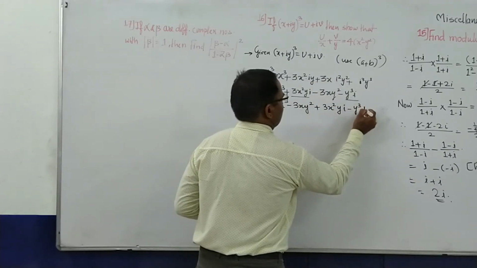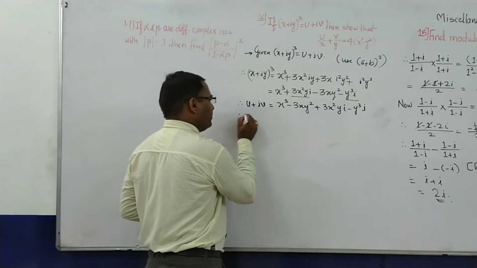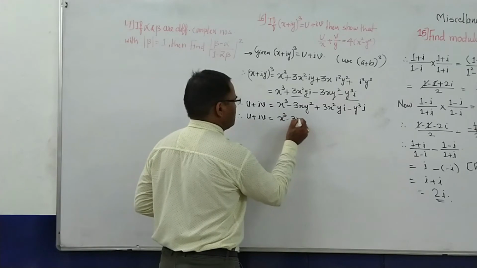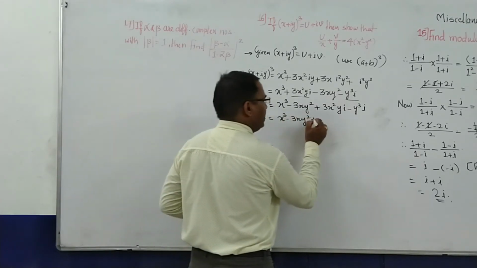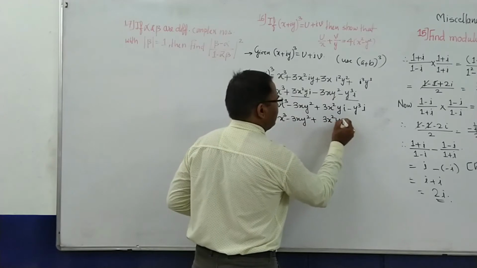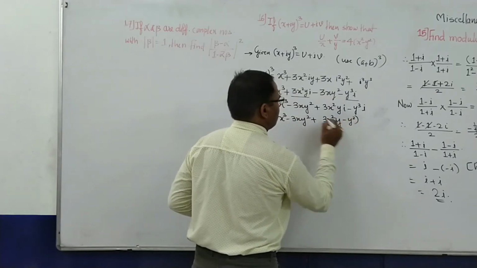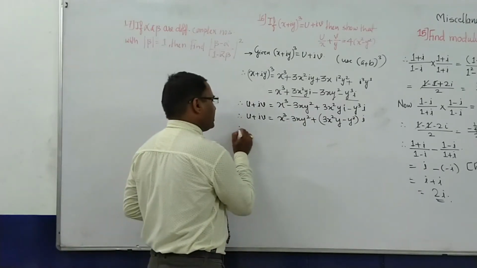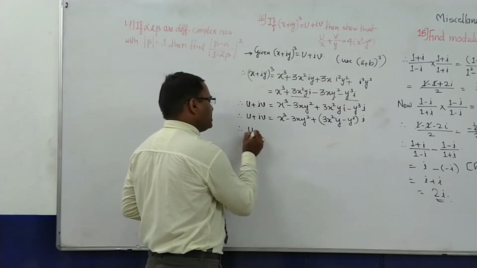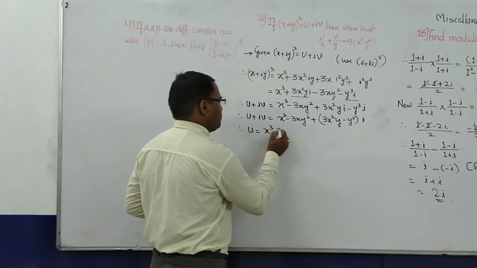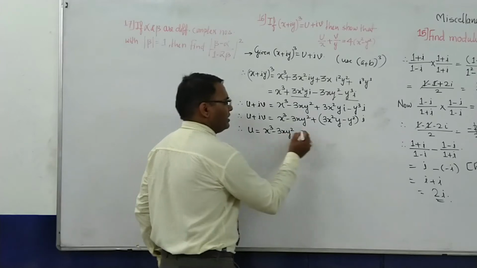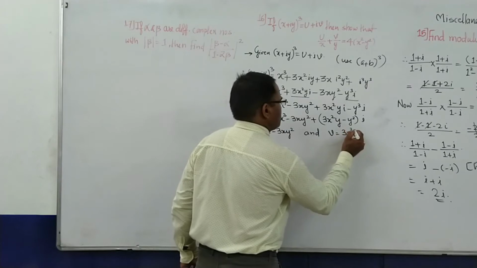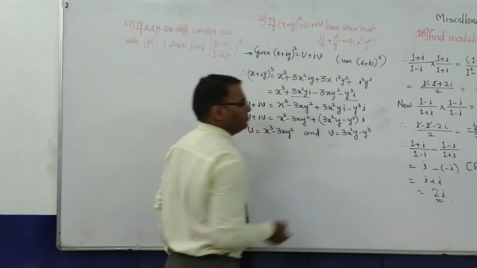So u plus iv is equal to x cube minus 3xy square, and we will take i common here, plus 3x square y minus y cube into i. Now we will compare the real and imaginary parts. Therefore, this implies u is equal to x cube minus 3xy square, and v is equal to 3x square y minus y cube.